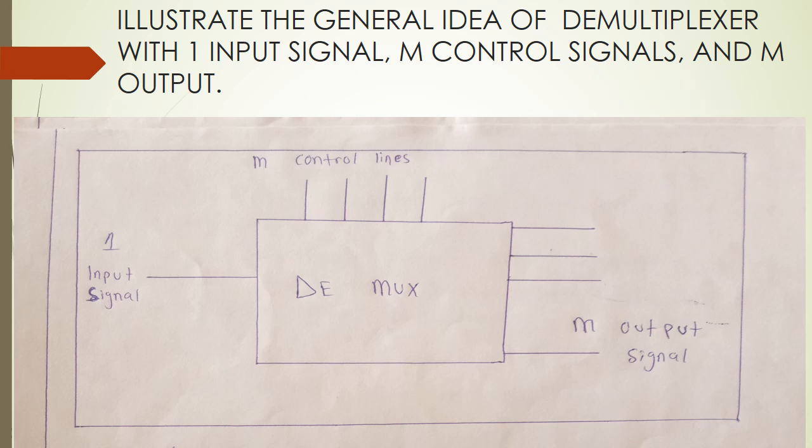This is the one input signal which was selected from the control lines. Then here are the M output signals, which are 4 also: 1, 2, 3, 4. So the demultiplexer accepts one input and gives out multiple outputs.